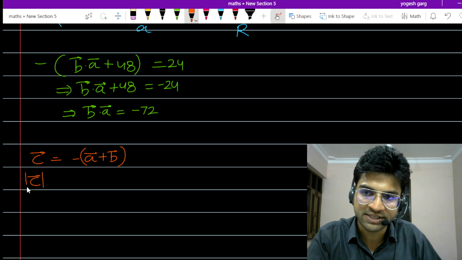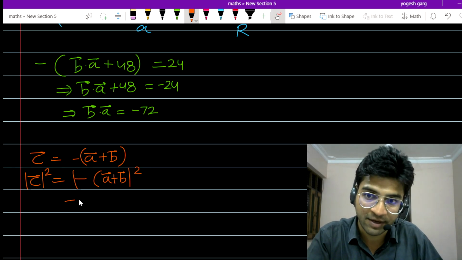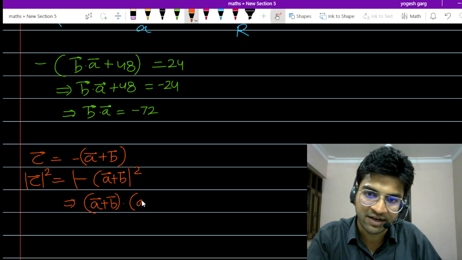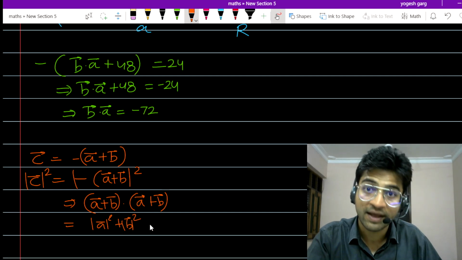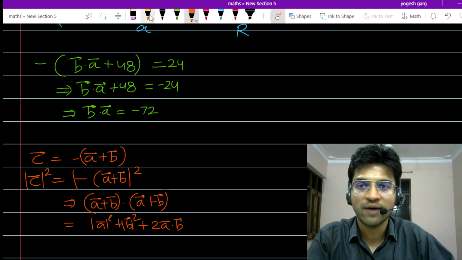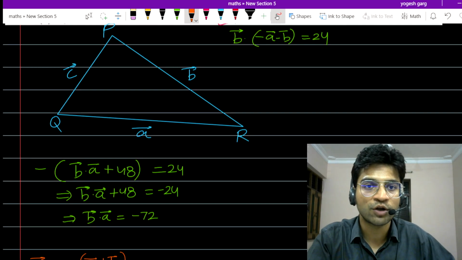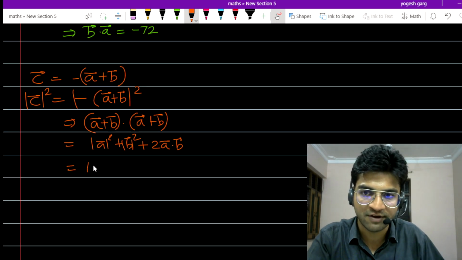So mod C square, or vector C mod square, is equal to minus A vector plus B vector mod square, and that will be equal to A vector plus B vector dot with A vector plus B vector, and this will be equal to mod A square plus mod B square plus 2 A dot B. Now mod A was equal to 12, 12 square is 144.